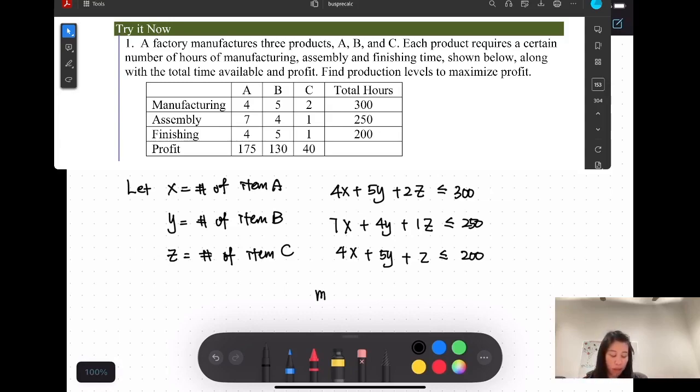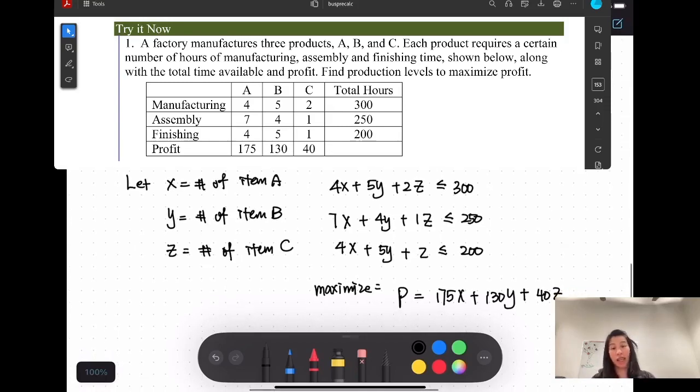So what will be the maximize function, or your objective function? Well, we're trying to maximize the profit. So the profit equals the profit that you make out of item A, which is 175x, plus the profit from item B, which is 113 times y, plus the profit from item C, which is 14 times z.